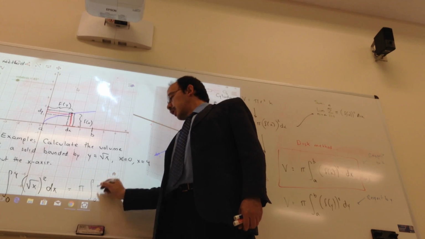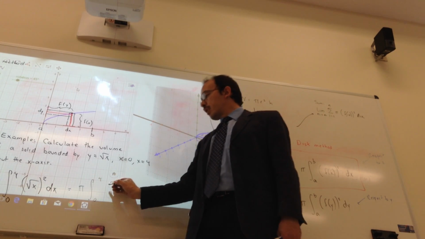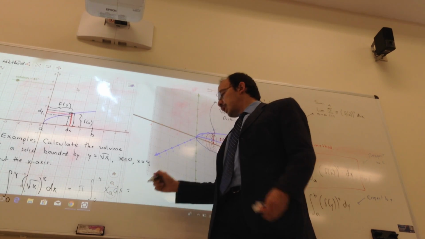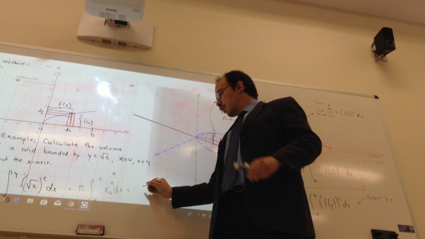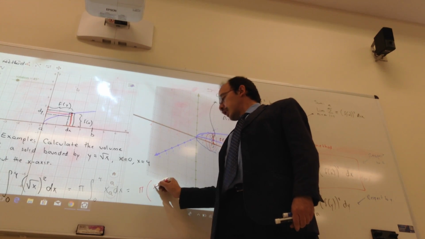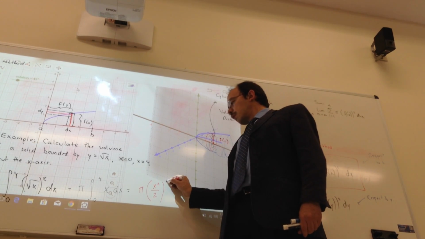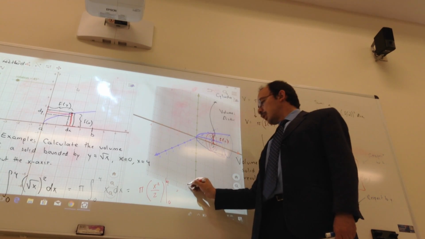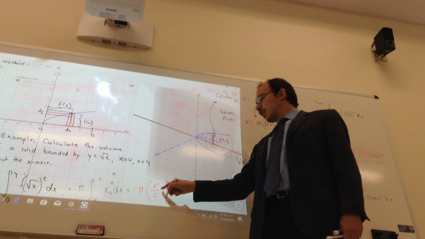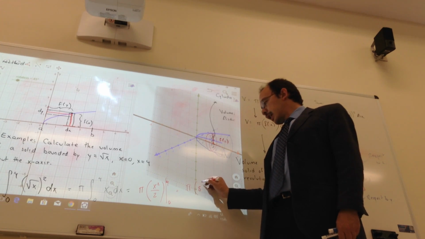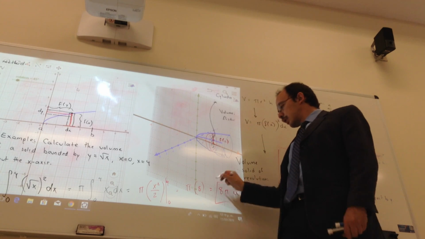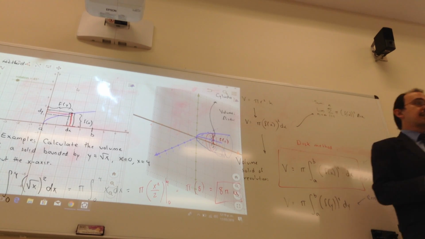Pi, 0 to 4, square root of x to the square is what? X. dx. So it's going to be pi x squared over 2, from 4 to 0. So it's going to be pi times 8. So the answer is 8 pi units. That's the answer? That will be the answer.